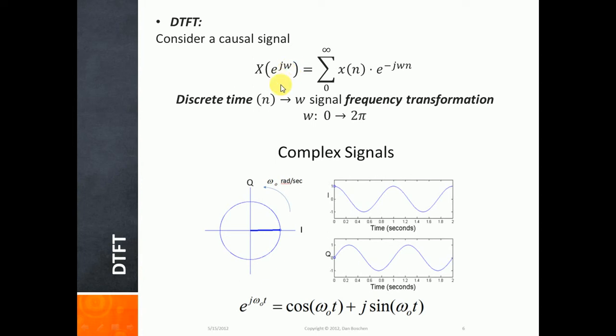That's an extremely important principle. You're converting a discrete signal in time domain, which doesn't have to be periodic, a discrete aperiodic signal in time domain, into a frequency transformation where omega is continuous and periodic.